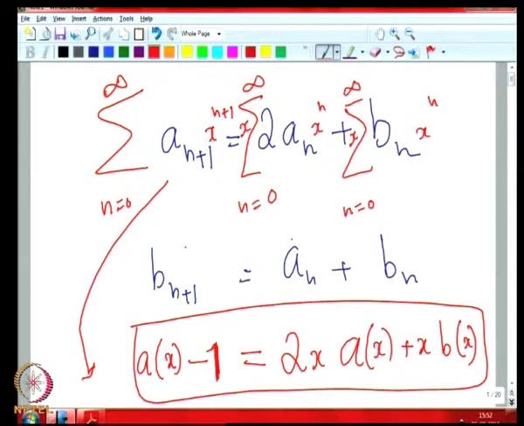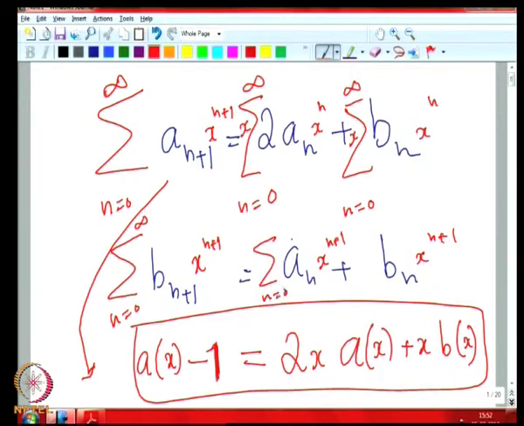And the same way we did for the first recurrence relation, we can do it for the second one, Bn plus 1 is equal to An plus Bn. So, you multiply by x raised to n plus 1 everywhere, and then sum from n equal to 0 to infinity. Same arguments.